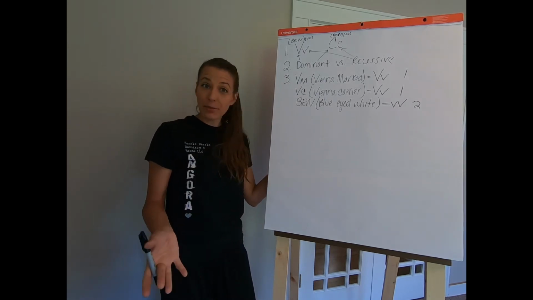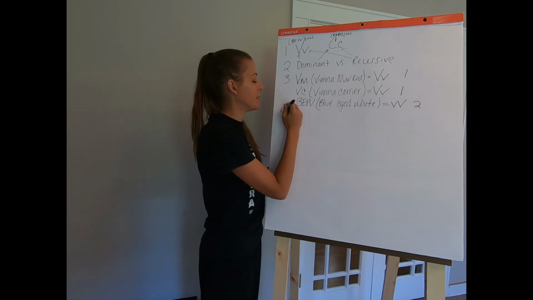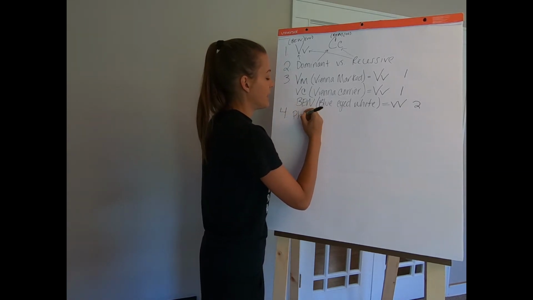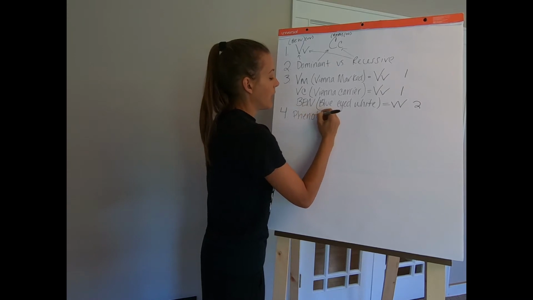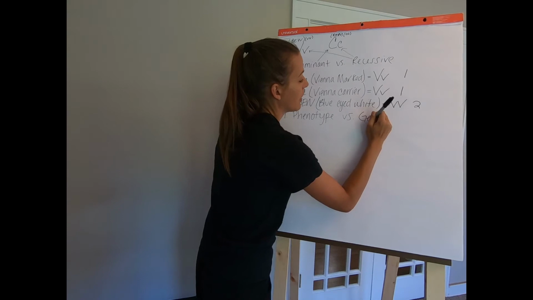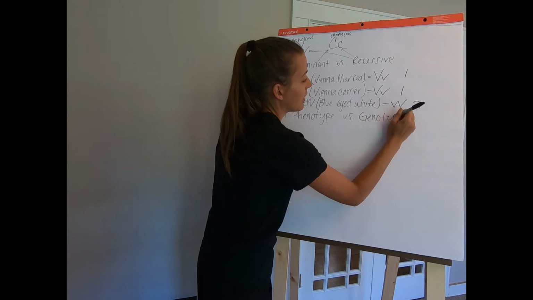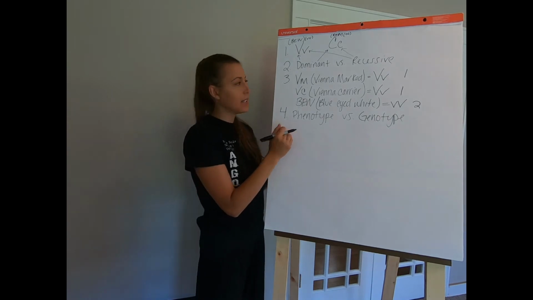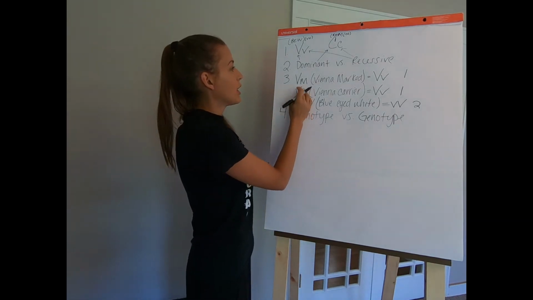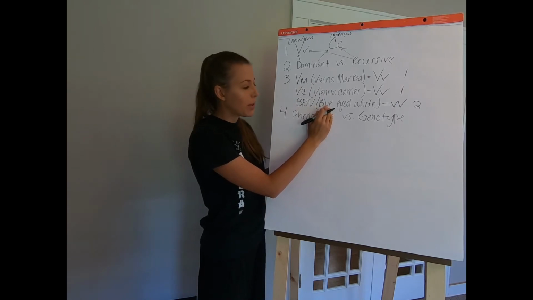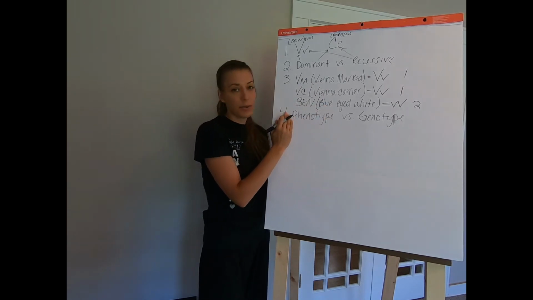So there's some more terms. This is important to know. We're actually talking about the differences of phenotype versus genotype. What we're saying is the Vienna marked, the Vienna carrier, and the blue-eyed white are the phenotypes.